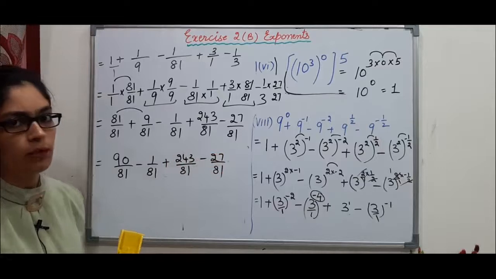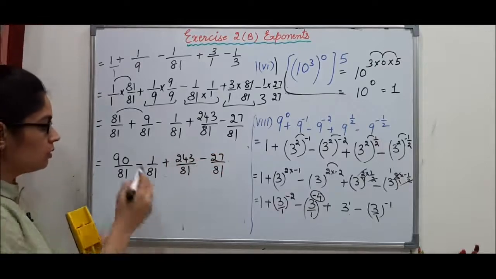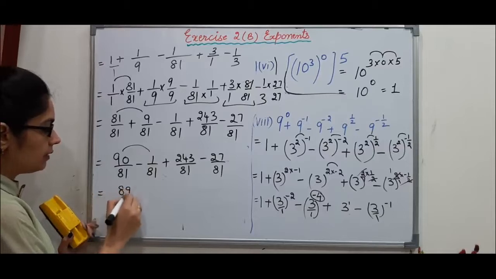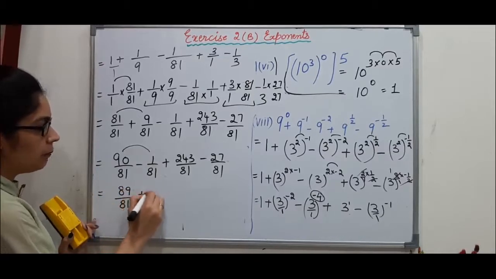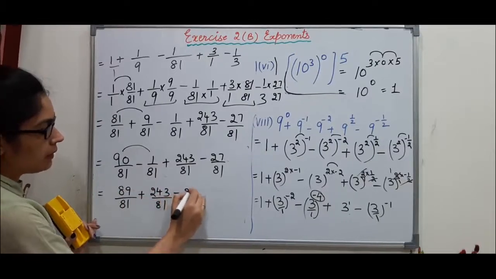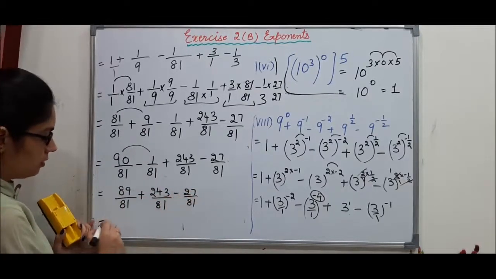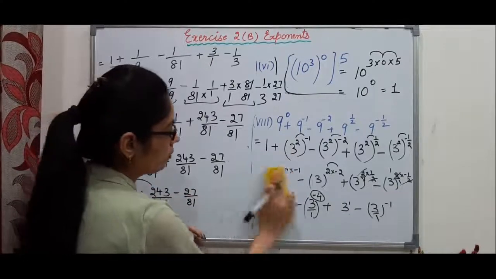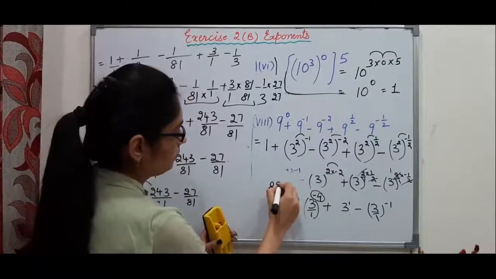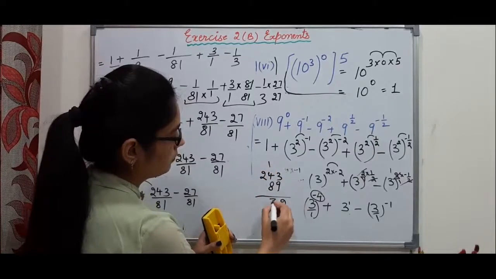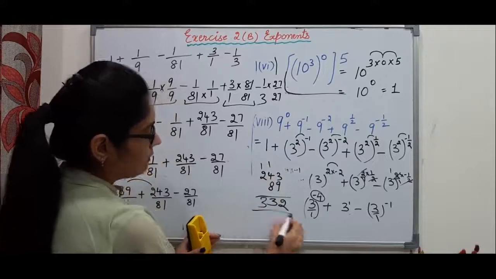So step by step we can do, it will be easy for you also. So 90 minus 1, it's 89. 89 by 81 plus 243 by 81 minus 27 by 81. So 89 plus 243, we can add it. It is 332.